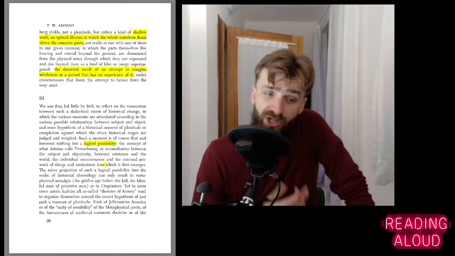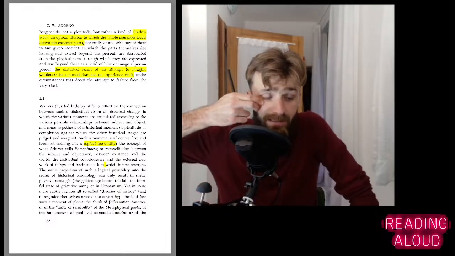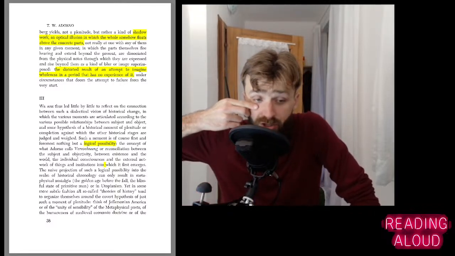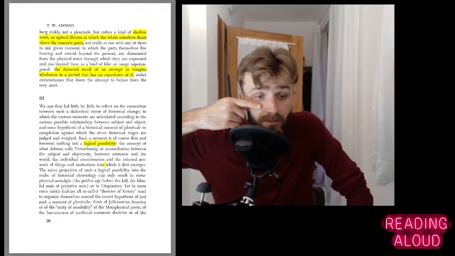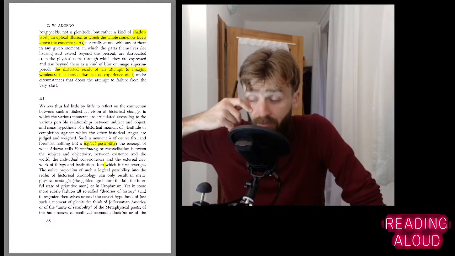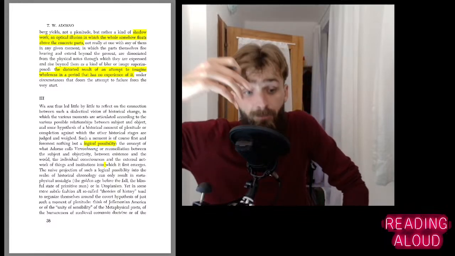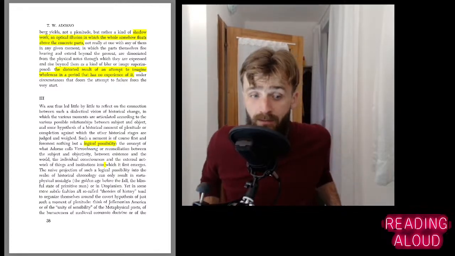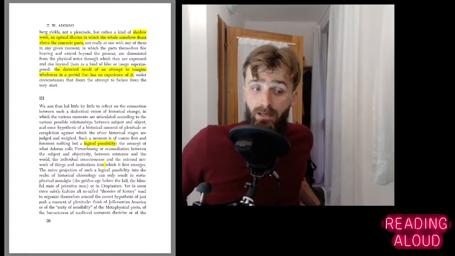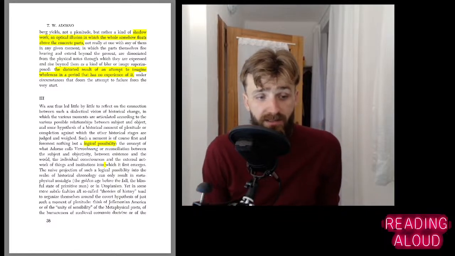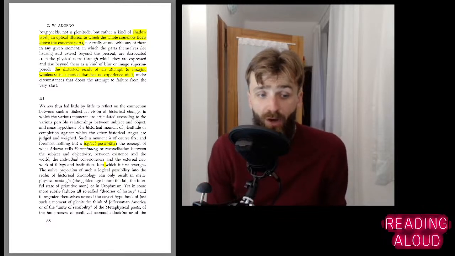The naive projection of such a logical possibility into the realm of historical chronology can only result in metaphysical nostalgia, the golden age before the fall, the blissful state of primitive man, or in utopianism. Yet in some more subtle fashion, all so-called theories of history tend to organize themselves around the covert hypothesis of just such a moment of plenitude.